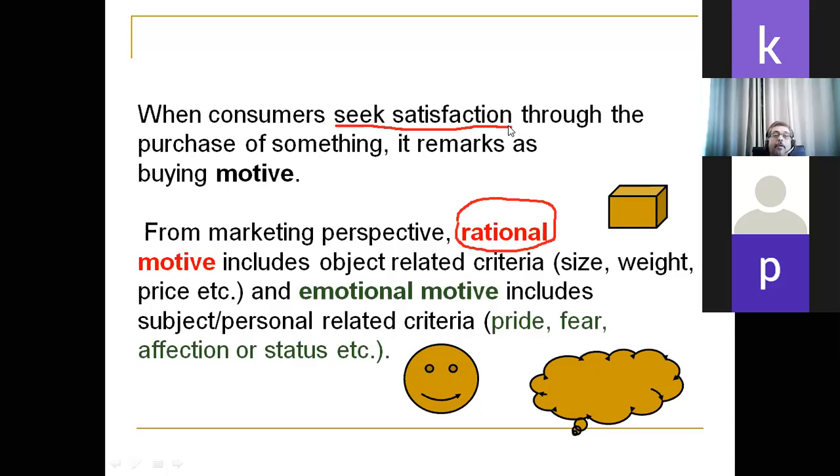Now there's something known as emotional motive. Emotional motive is you will buy because of pride, because of fear, because of affection or status. All these things. Emotional. I'm emotionally attached.